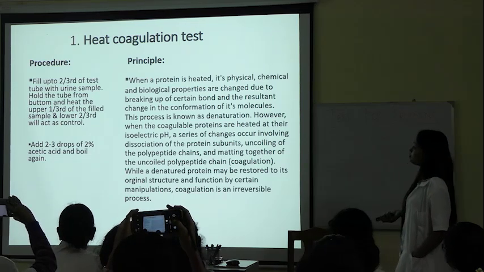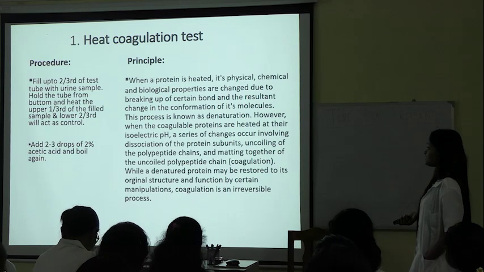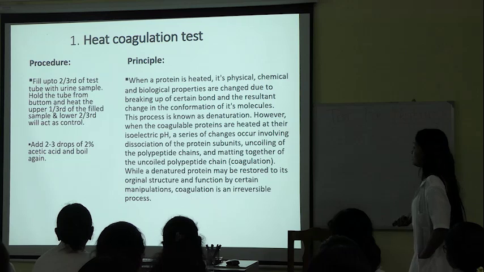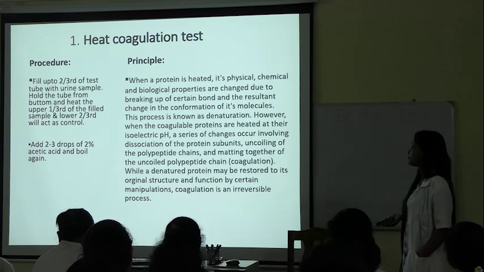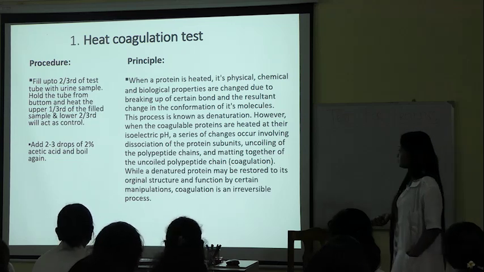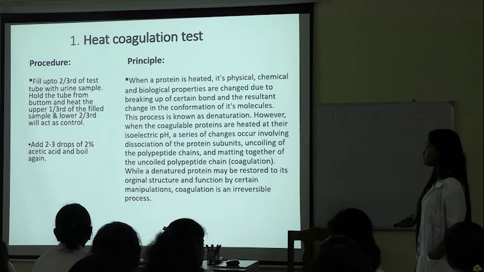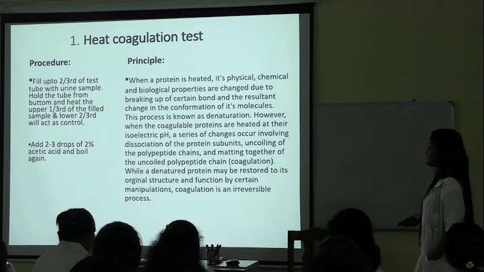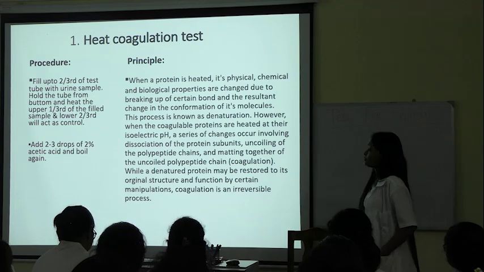However, when coagulable proteins are heated at their isoelectric pH, a series of changes occur, involving dissociation of the protein subunits, uncoiling of the polypeptide chains and matting together of the uncoiled polypeptide chains, which is coagulation. While a denatured protein may be restored to its original structure and function by certain manipulations, coagulation is an irreversible process.